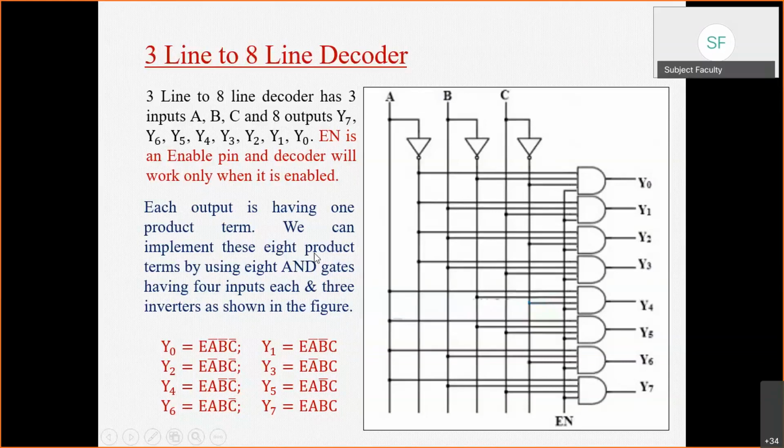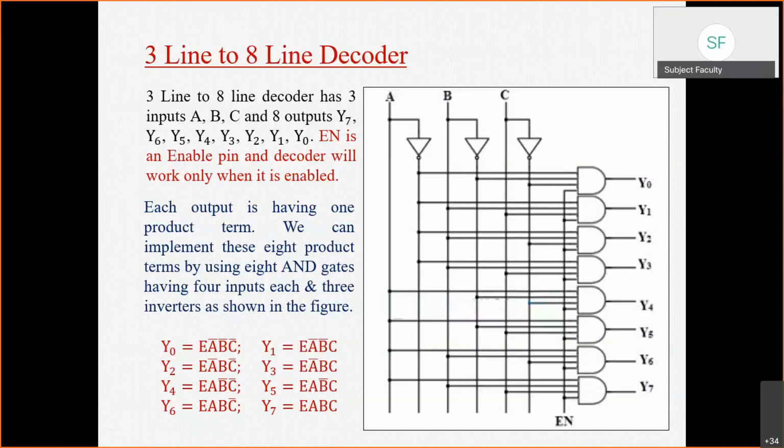Now if you observe this diagram, each AND gate will have how many inputs? 4 inputs. So a total of 8 AND gates are required for 8 outputs. Each has a total of 4 input terminals.